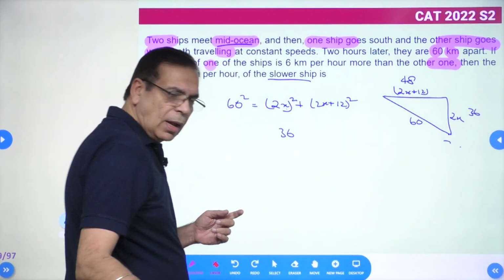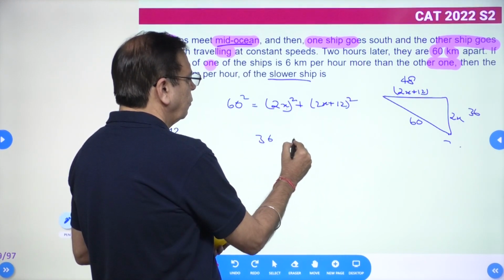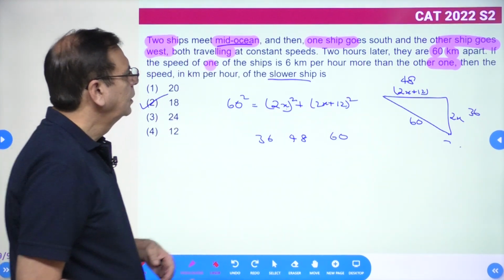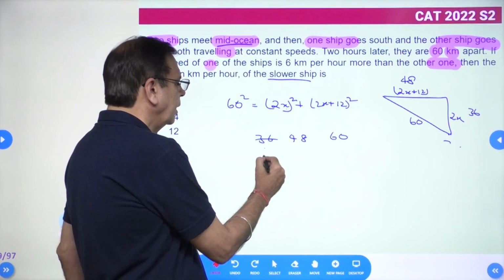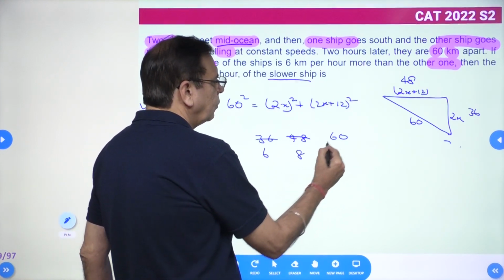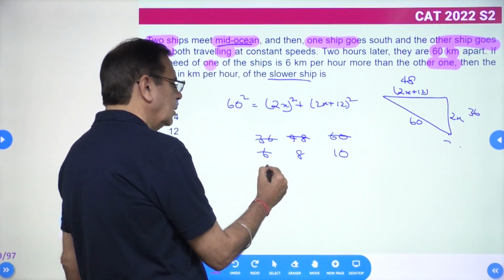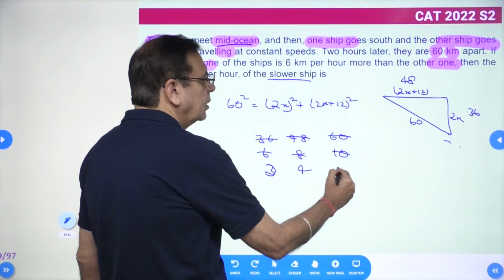So you have effectively found a Pythagorean triplet of 36, 48, 60. If I break it down further, 6 6 are 36, 6 8 are 48, 6 10 are 60. Break it down further: 3 2 3 are 6, 2 4 are 8, 5.